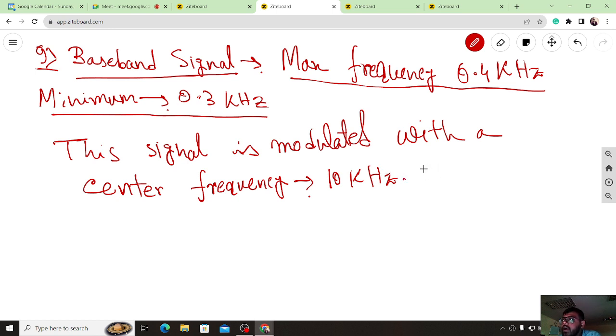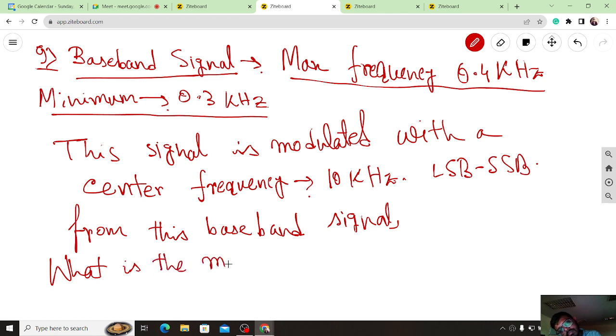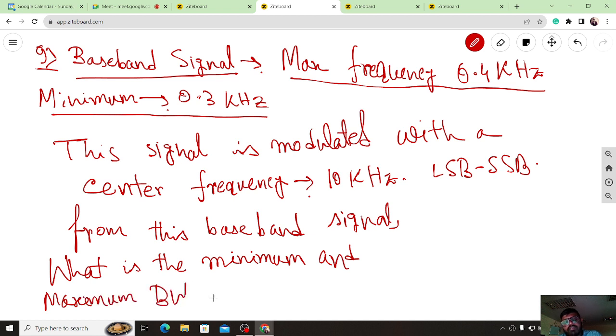Now, if we want to make a lower sideband SSB signal from this baseband signal, what should be the minimum and maximum bandwidths of the filter? What is the minimum and maximum bandwidth of the filter? It is better if I write what it can be.